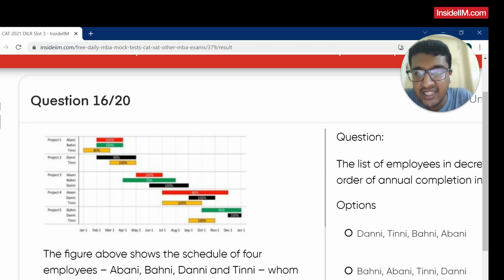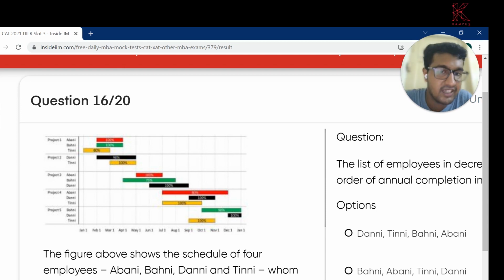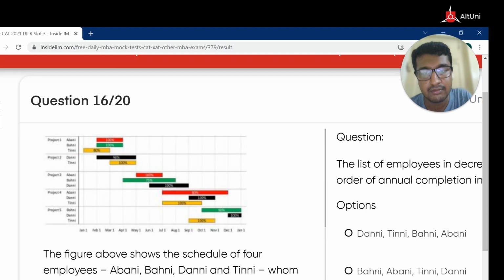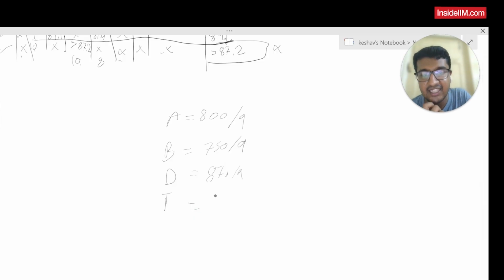For D, it's 3 times 90 plus 3 times 100 plus 2 times 100 plus 1 times 100, which is 6 times 100, 600 plus 270, 870. 870 by 9 again. And for T, it's 2 times 100 plus 2 times 100 plus 3 times 100 plus 2 times 100, which gives me 700 plus 160, 860. That's my 860 by 9 is my answer.